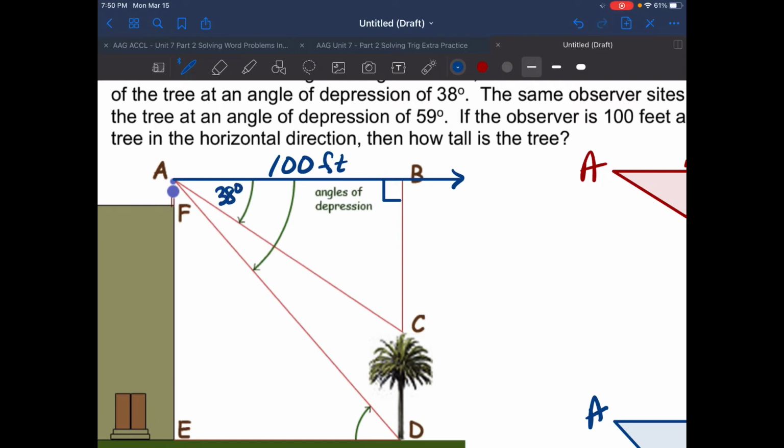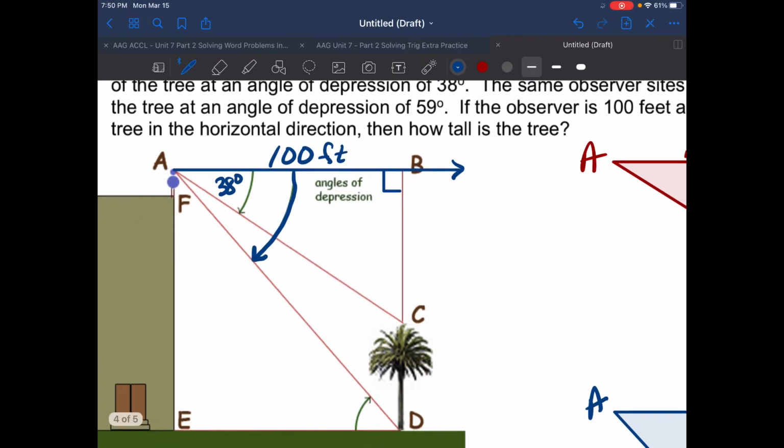We're going to take the lesser of the two angle measures because you only have to dip your chin down 38 degrees to sight the top of the tree. Meanwhile, you would have to drop your chin lower and look further down to sight the bottom of the tree. So the angle of depression will be greater to see the bottom of the tree from where this observer is standing.